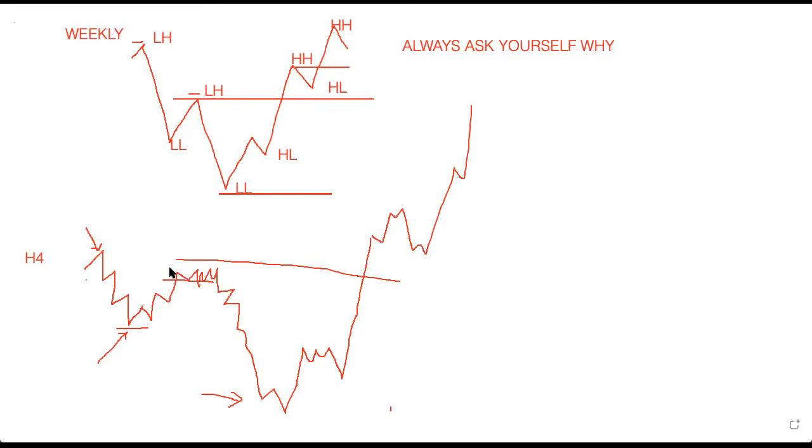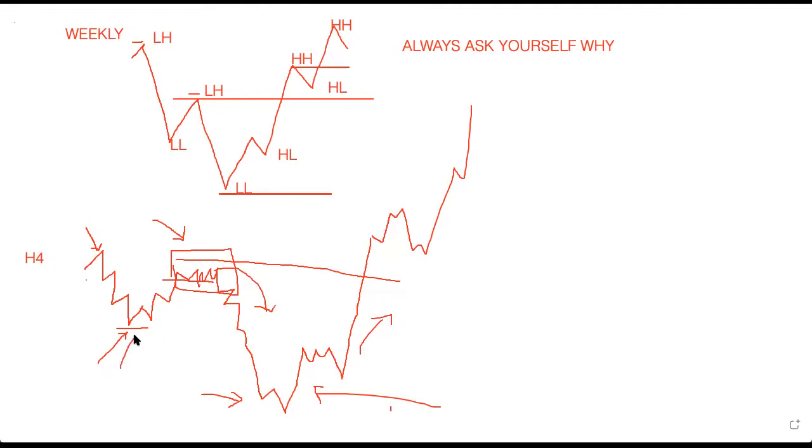So always ask yourself why. Here there is price distribution. Why is there price distribution? Here there is accumulation. Why is there accumulation? Accumulation means you're not going up, right? Distribution means falling.